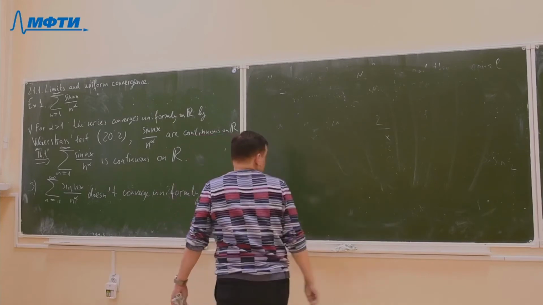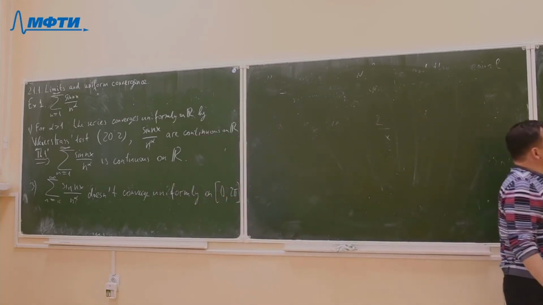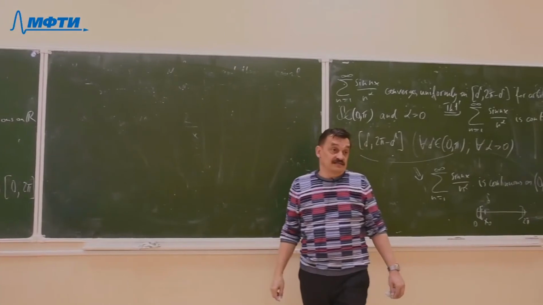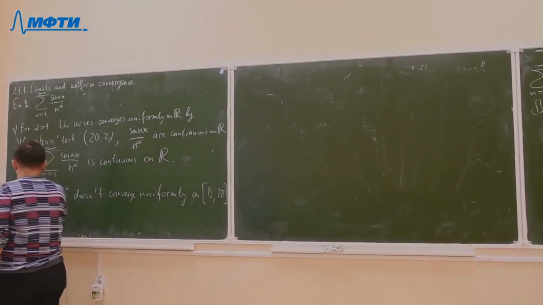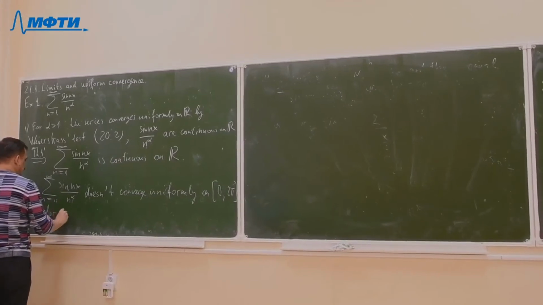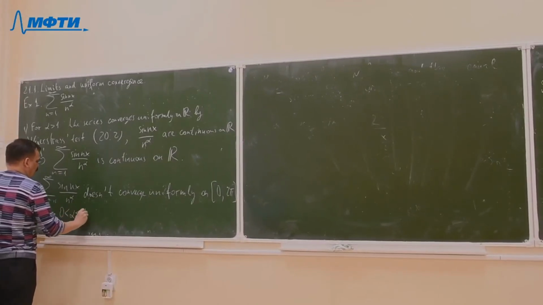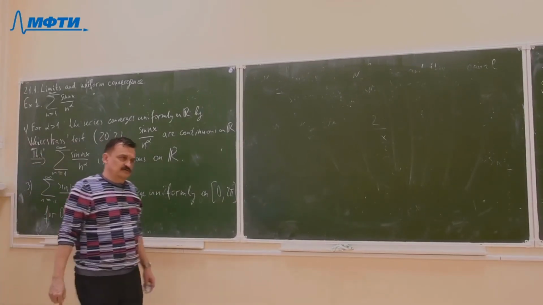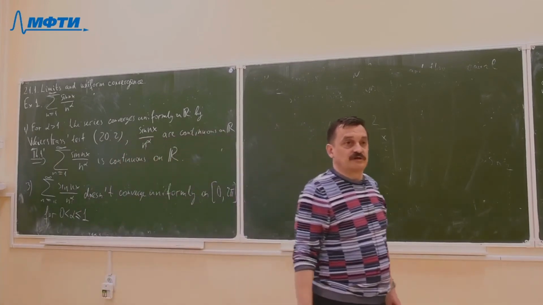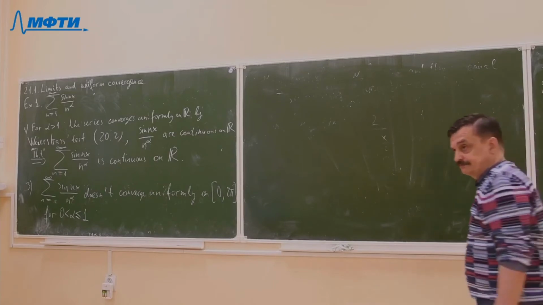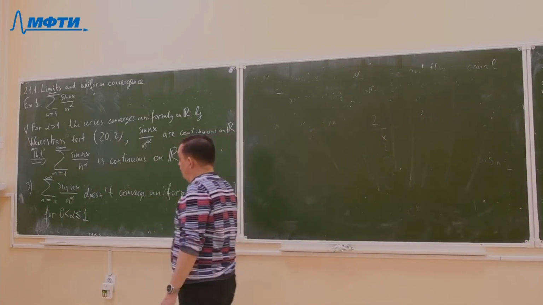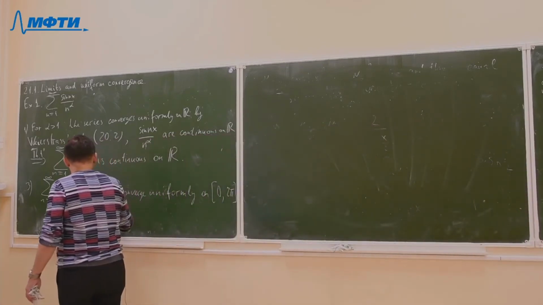So you see, we cannot replace delta by 0. That's impossible. For alpha from 0 up to 1. How to prove it? We use the Cauchy criterion.